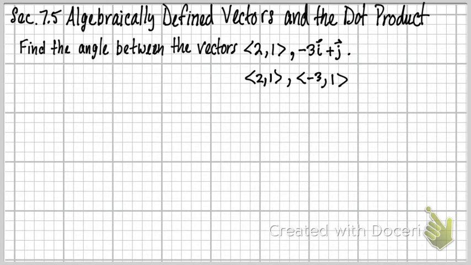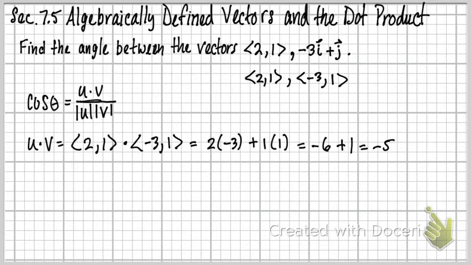So now I have the cosine of theta equals u dot v over the magnitude of u times the magnitude of v. So this is the formula we're using here, just that same geometric formula for dot product. So we're just going to plug in the necessary information here. So u dot v we're going to do first.